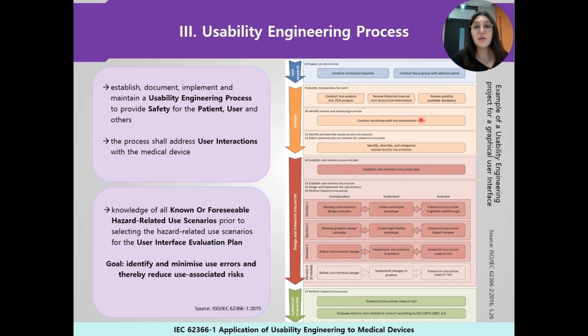Again, the goal of this usability engineering process is to identify and minimize use errors, and thereby reduce use-associated risks of the medical device for the user, the patient, or others. You can take a look at this diagram and get a picture of how the usability engineering project can look like.